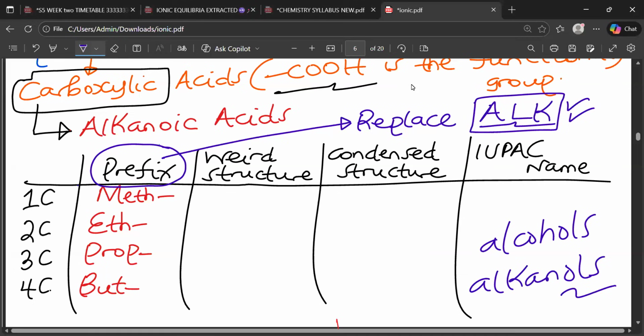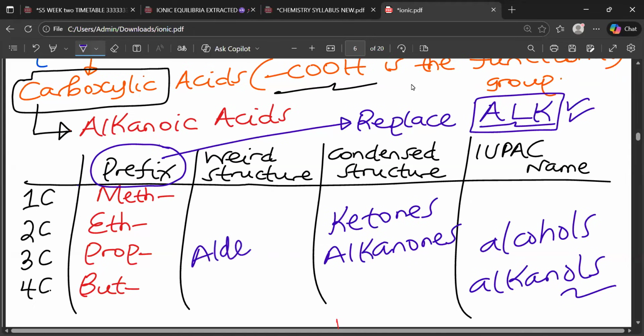It is you who decides to call carboxylic acids like that, but for us we call them alkanoic acids. It's you who decides to call ketones ketones. For us we call them alkanones. And I said all that in classes. It is you who decides to call them aldehydes. For us, if we want to understand the name, we call them alkanals.